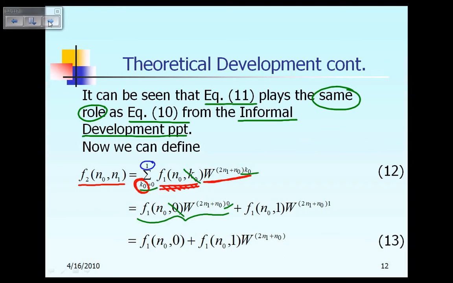When you let k0 equal to 1, this is what you have. So this term here is another term of equation 12. And you have to add them up together. That will give you the value of f2 of 0, comma, 1.